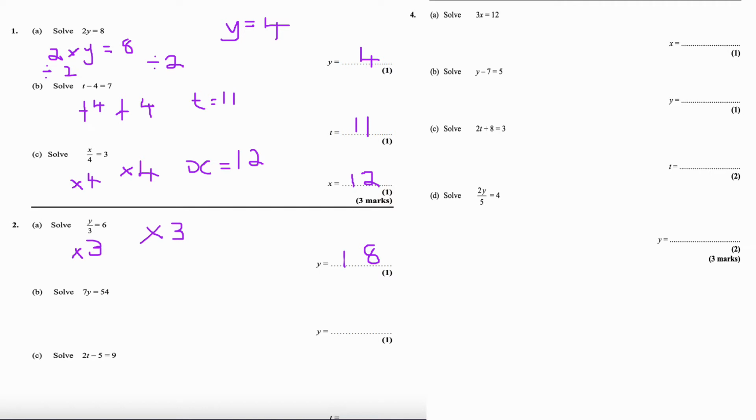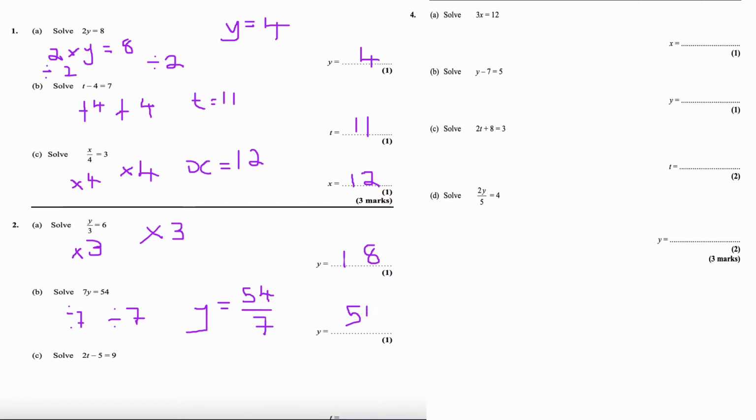Part B, solve this equation. Well, 7y is equal to 54, so dividing both sides by 7, we get that y is equal to 54 over 7, and I'm going to leave my answer as an improper fraction because I want us to start getting used to expressing our answers in terms of a fraction.